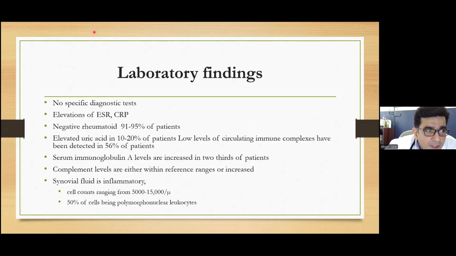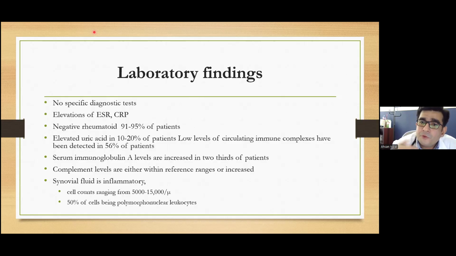Having a negative rheumatoid factor is also important because remember back in the day, it used to be considered a form of rheumatoid arthritis, but then they realized it's not really rheumatoid arthritis. So, getting a rheumatoid factor and ruling out rheumatoid arthritis is important. Uric acid levels are important, especially in patients who have really widespread psoriasis.